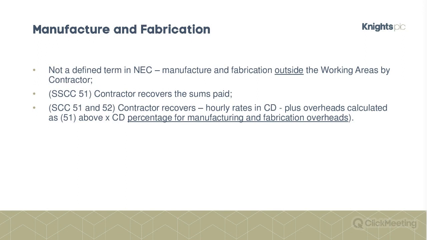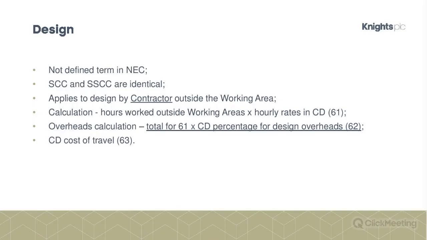The contractor recovers sums paid in the shorter schedule, and in the schedule it recovers hourly rates as set out in the contract data part 2, which is again why it's important to fill it in, plus the overheads calculated as a percentage of that figure. So again, another percentage figure needs to go in there to cover the overhead and profit for that element.